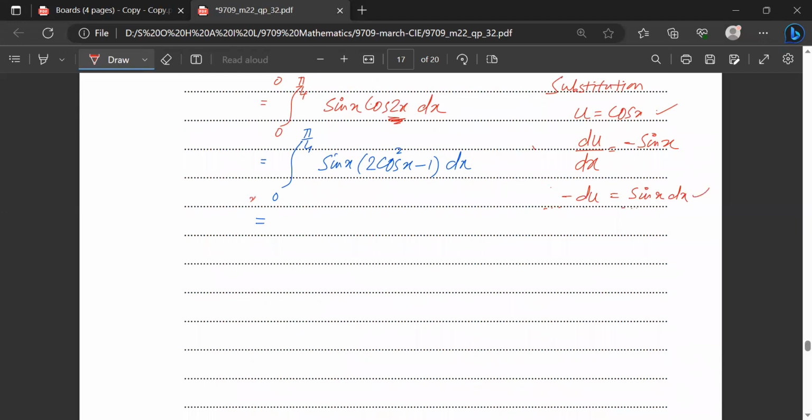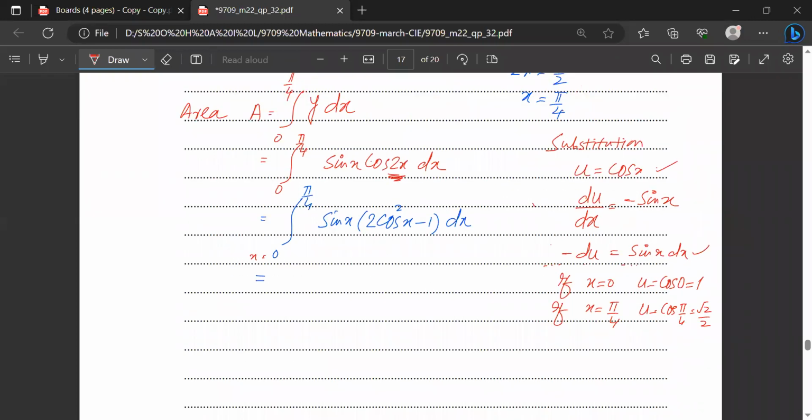And again, the limits are in x, so we change the limits. If x is equal to 0, u equals cos of 0, which is equal to 1. If x is equal to pi by 4, the upper limit, u equals cos of pi by 4, which is root 2 over 2.